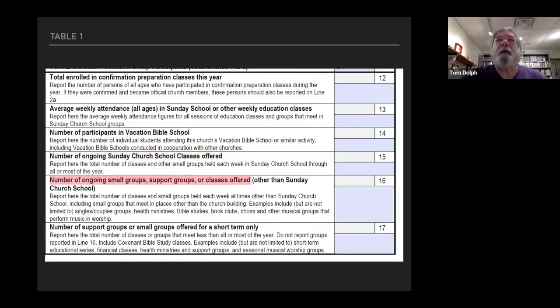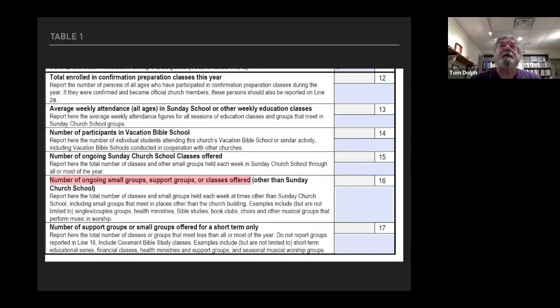So this would be small groups that meet, not necessarily Sunday school type, but that doesn't mean they can't be educational. This could be support groups, it could be Bible studies, it could be book clubs, but the key here is that they meet year-round.